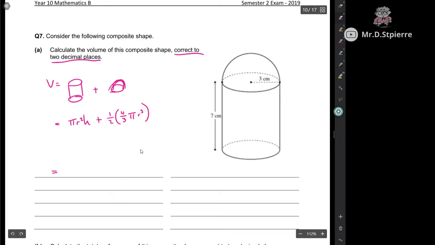So we can now just start filling in everything. We get pi times the radius, 3, squared, times the height of the cylinder, 7, plus half times 4/3 pi times 3 cubed, equals, and then we're going to stick it in our calculator and get the answer. So give me 1 sec.